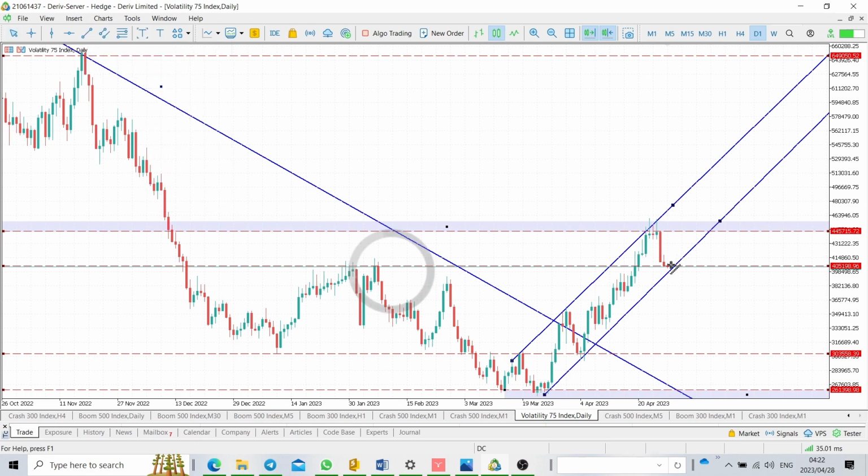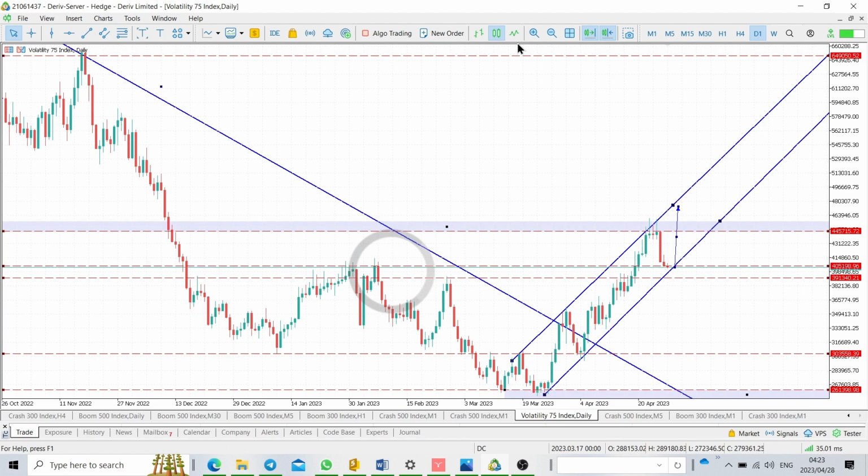When price gets to this level, price is going to reverse and probably break our swing high and create another swing high. The continuation of a bullish trend is going to continue. Price is likely going to reverse and start moving upwards. So this is the zone.